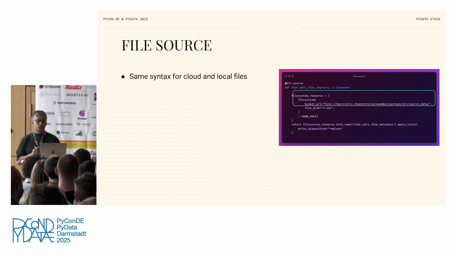File sources. Remember that there was another file that we were going to bring in as a source, and unfortunately my little square has failed me. But what you can see is the syntax is exactly the same for a local file system as it would be for a cloud bucket, GCP, S3 bucket, or Azure Blob Storage.